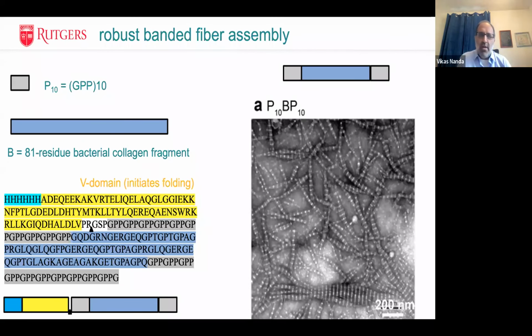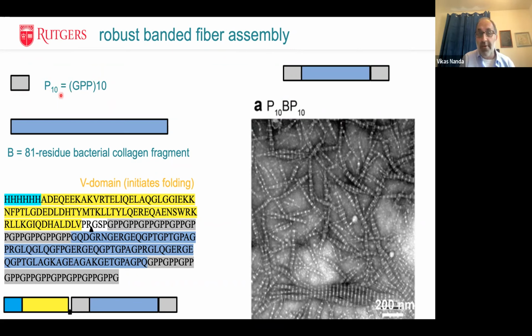Okay, so what I'm showing you here is an example of one of these designs, and I'll go through this one in a little bit of detail, and the rest of them will essentially be variations on this particular design. So one module here, the adhesive module that I'm showing you here in gray, we call P followed by a number, and that number represents the number of repeats of a glycine, proline, proline triplet.